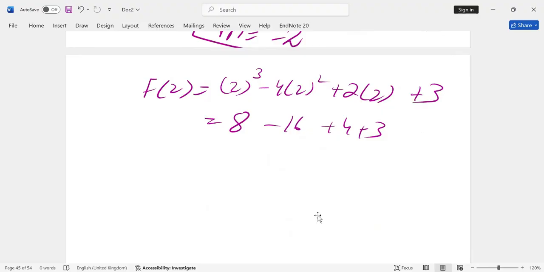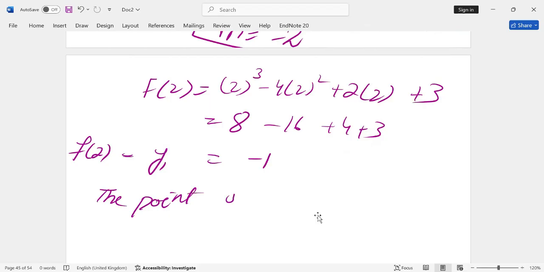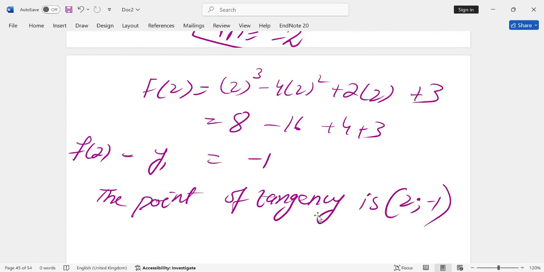Four plus 3 is 7, 7 plus 8 is 15, and minus 16 gives us minus 1. So this is y1. The point of tangency is (2, minus 1).